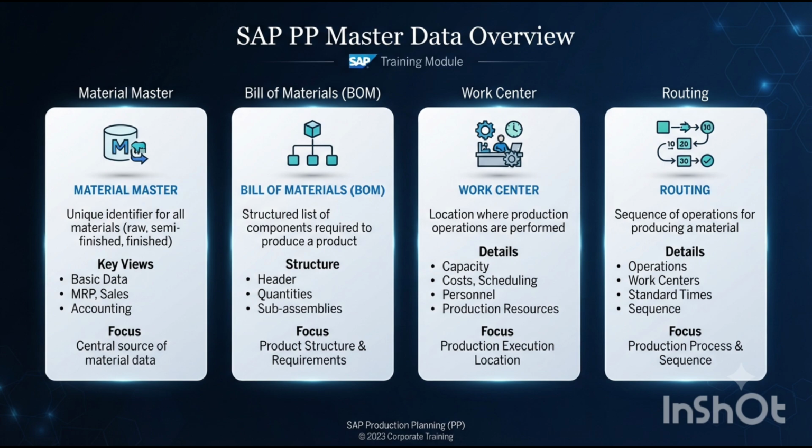Third is work center, which represents machines or production lines. And fourth is routing, which defines the sequence of operations to manufacture the product. Accurate master data is essential for successful planning. So these four are the main components of SAP PP Master.